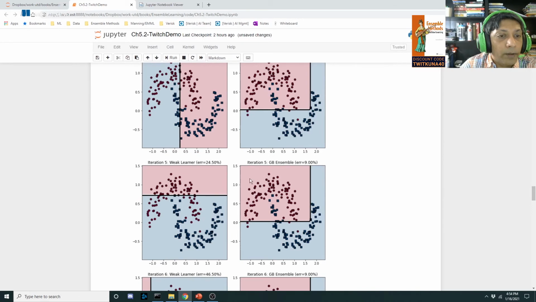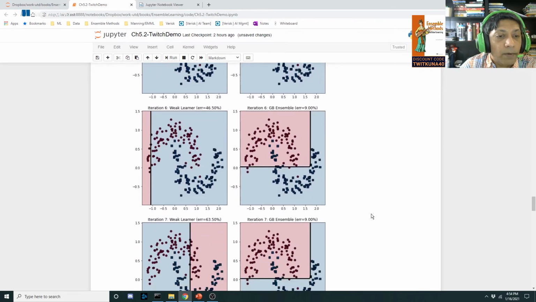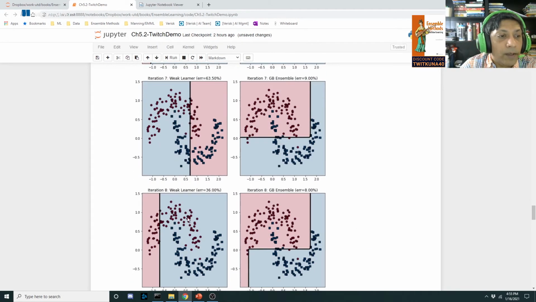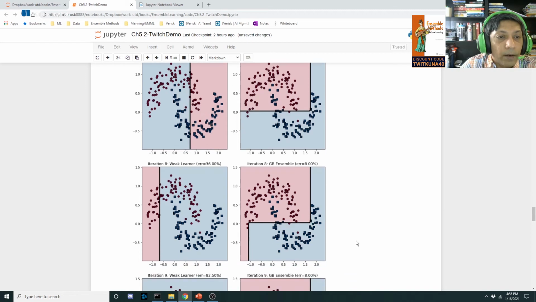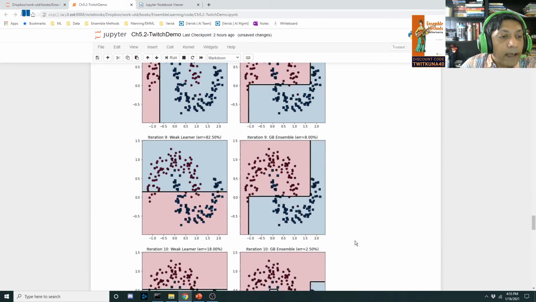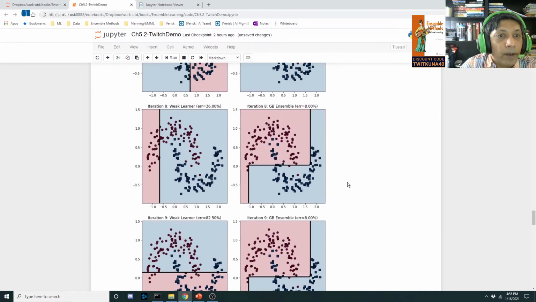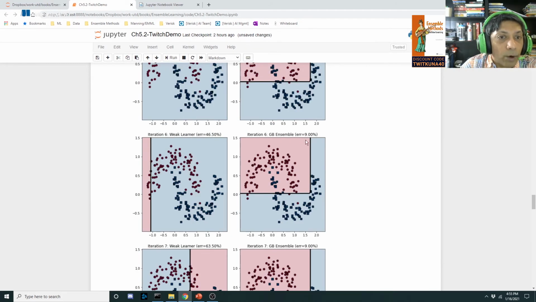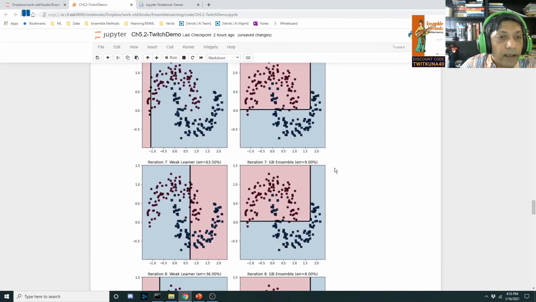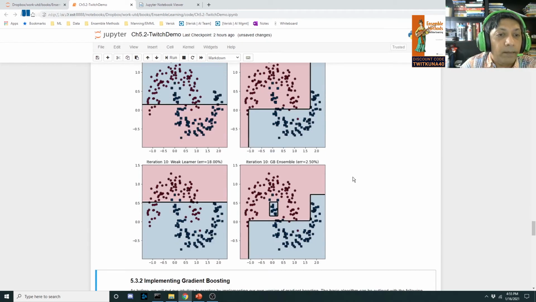Just keep an eye on the overall model, right? At some point, you're going to add enough weak learners to start changing the profile of your ensemble, and ultimately, by the time you get to 10, the error over here drops from 9% down to 8% in iteration 8, and then by iteration 10, you get 2.5.